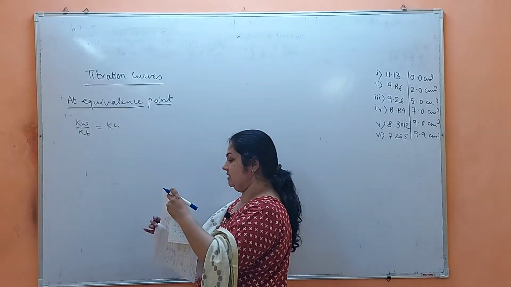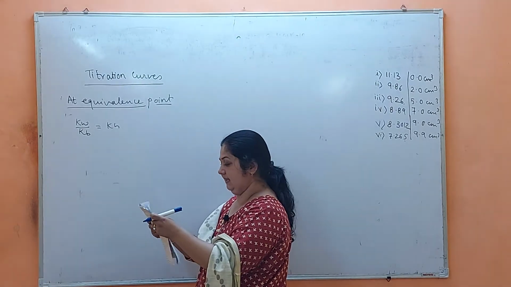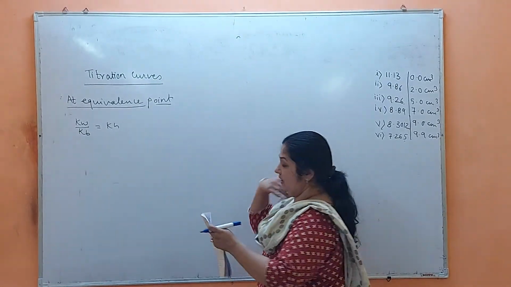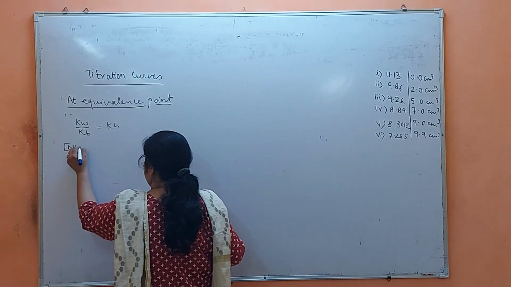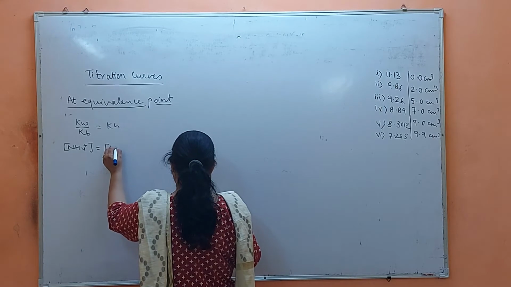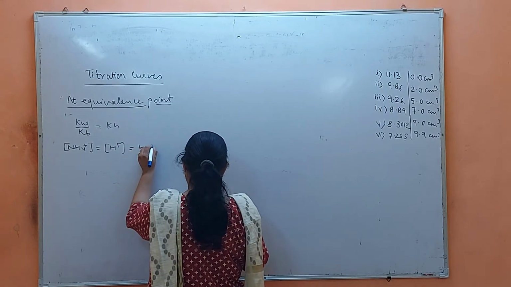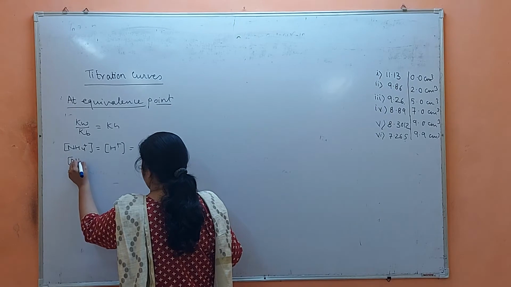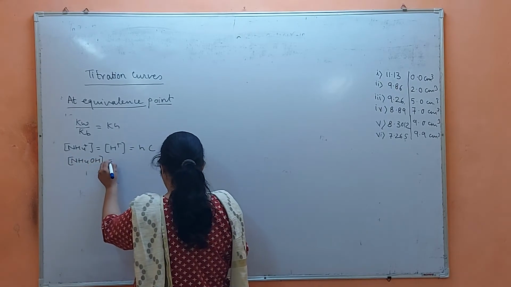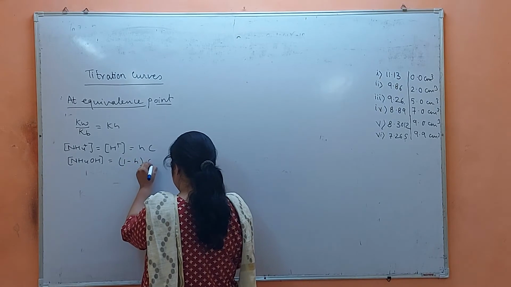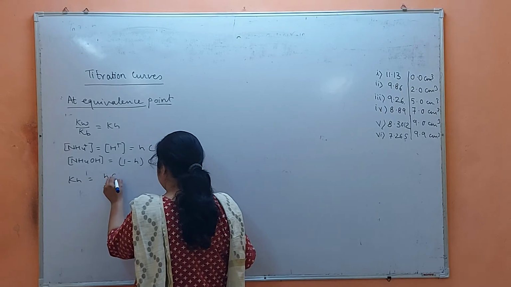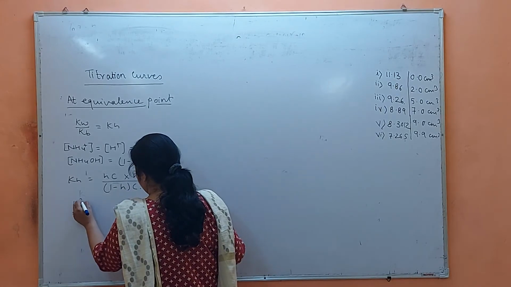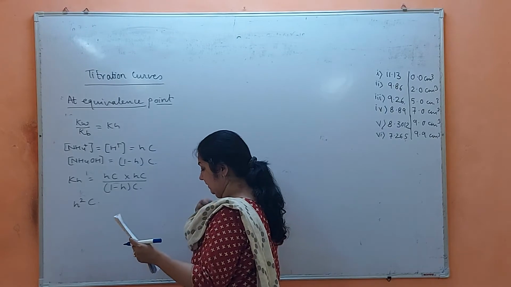Now if h is the degree of hydrolysis, in the same manner as alpha is the degree of dissociation, and C is the concentration, then NH4 plus will be equal to H plus will be equal to hC, and NH4OH will be equal to 1 minus h into C. So Kh will be equal to hC into hC upon 1 minus h into C, which is h square C, as we have considered 1 minus h is equal to 1.